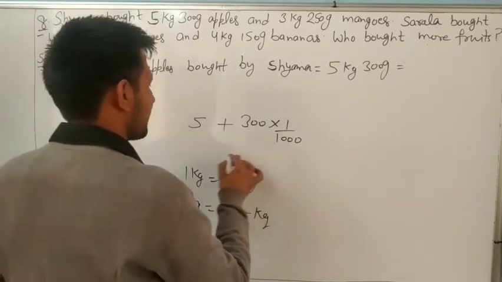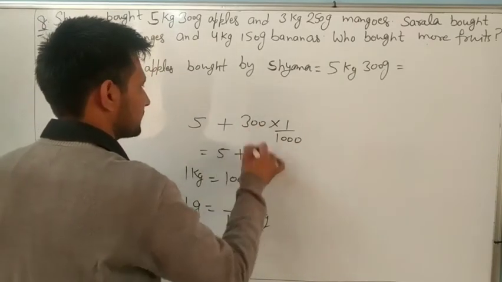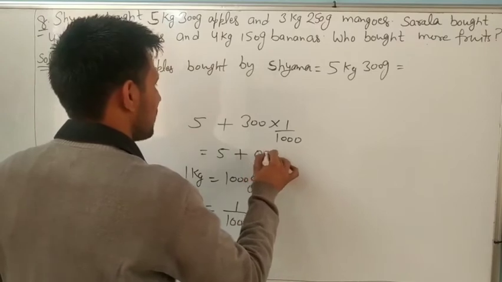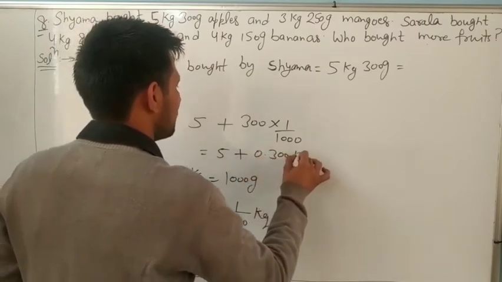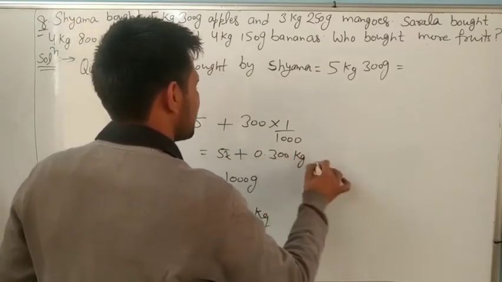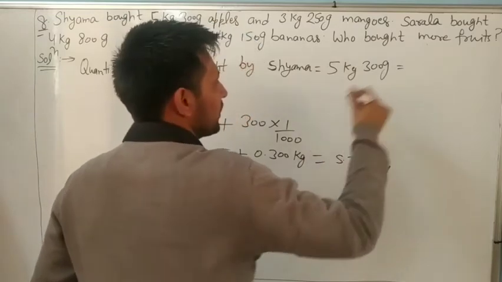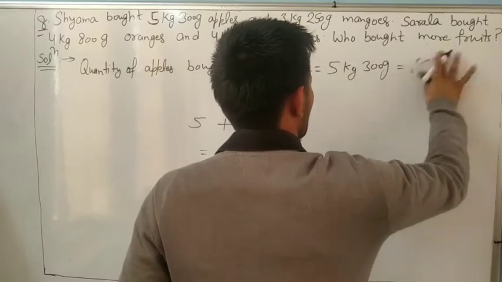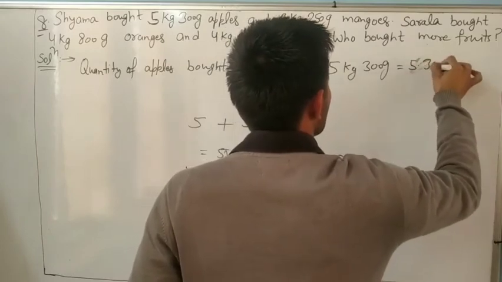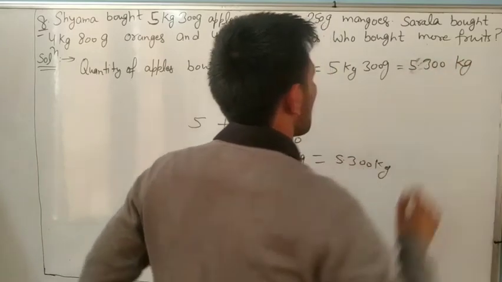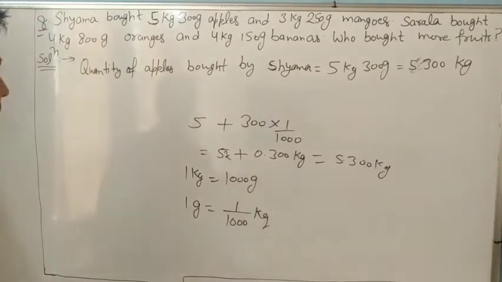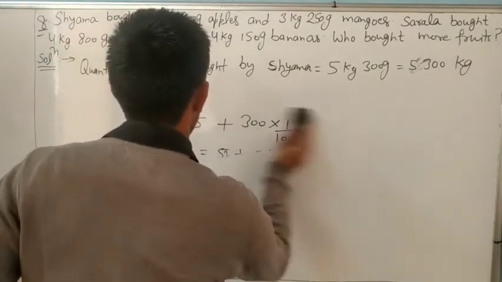Okay, and you can write 5 plus, so it becomes 0.300 kg. So how much? It becomes 5.300 kilogram. So you have to write like this one. So now we will write 5.300 kg. So how much apples bought by Shyama?